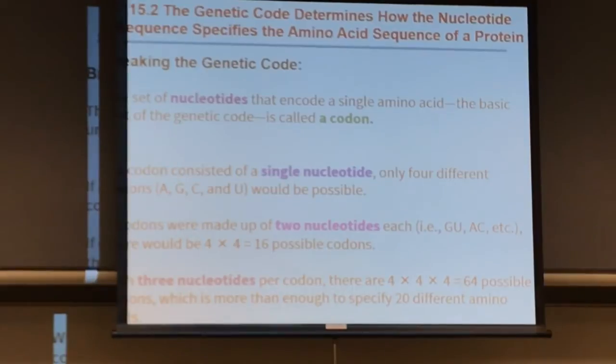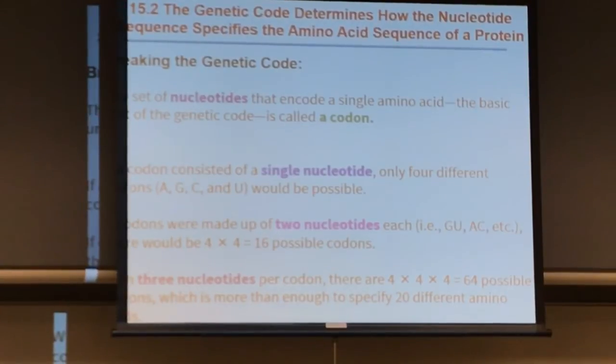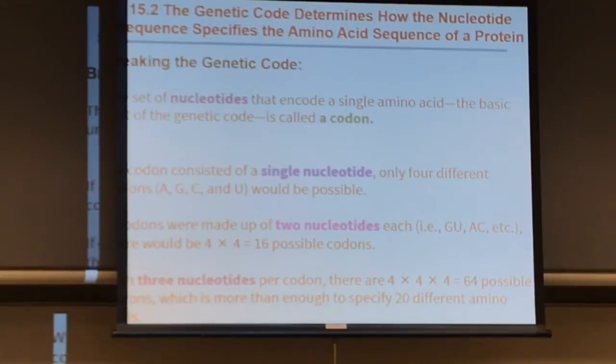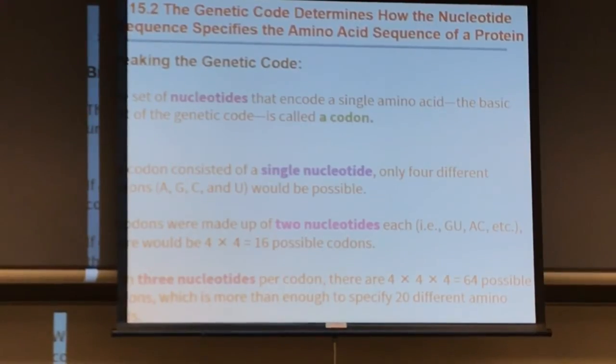Then you will have the possibility of 64 combinations, but here the amino acids are only 20, and they said probably more than one of the triplet code is actually coding for the same amino acid, which happens to be true in the future. So they figured it out. What it means is, if you have 64 different codons, and only 20 amino acids, then more than one codon is probably helping the translation of amino acids.